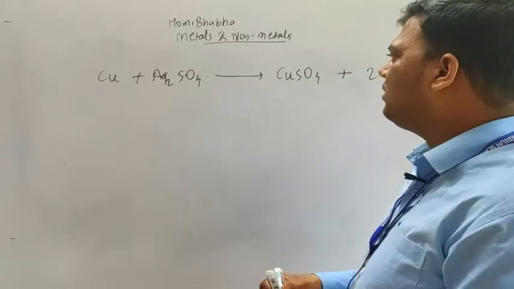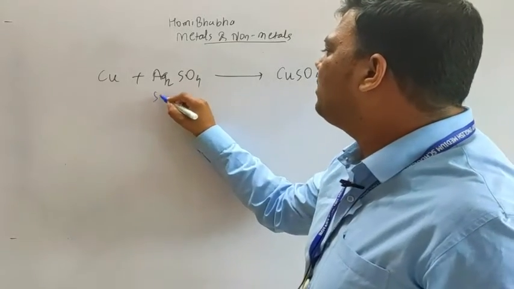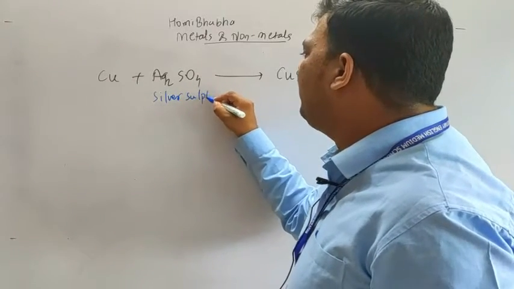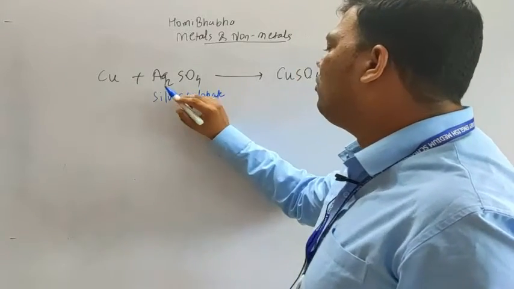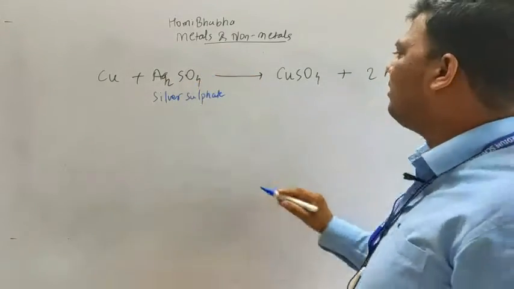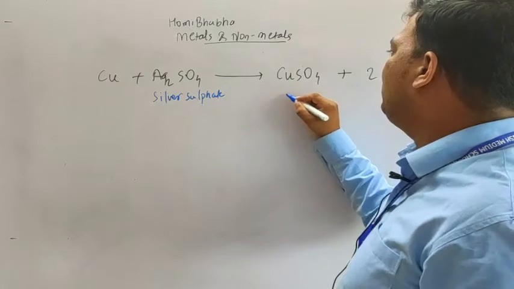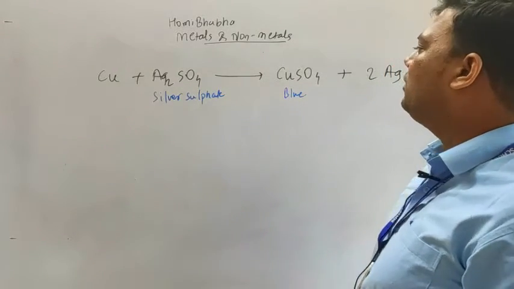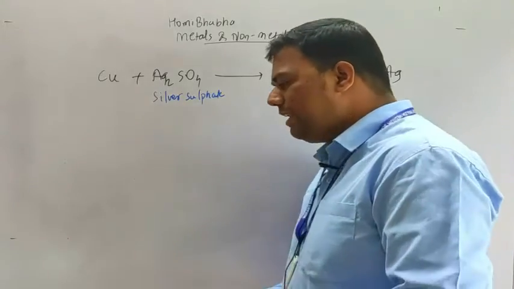It is balanced. This is silver sulfate; according to our crossover valency, two silver ions with one sulfate ion. And CuSO4 you will get blue in color. So our reaction is balanced.